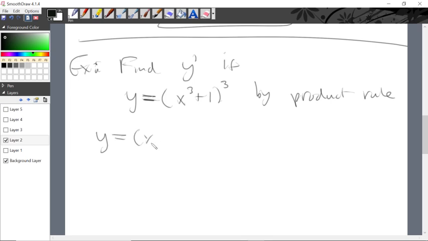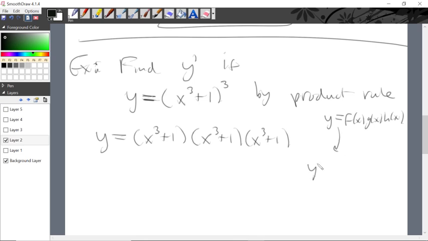Notice that if we write this as a product now, we write it as a product of 3 functions, right? x cubed plus 1, x cubed plus 1, x cubed plus 1. So we have here something like y is equal to f of x times g of x times h of x. And in that case, how does the product rule work? Well, we should group together 2 of these as one function.